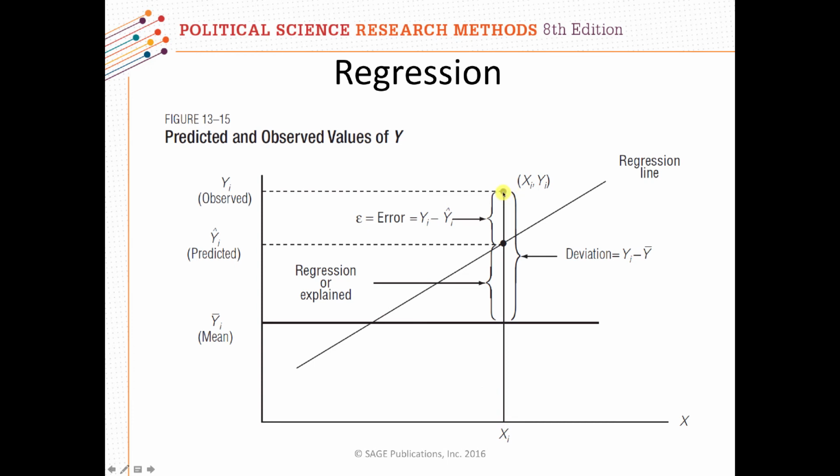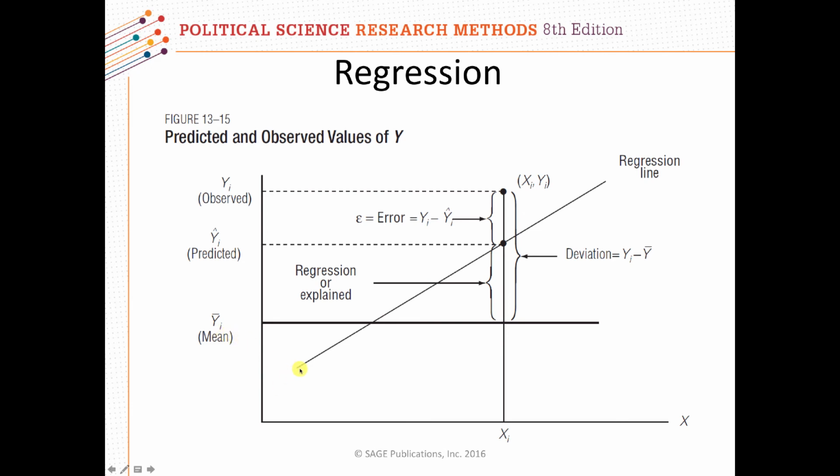Well, there are 50 other observations in this data set, perhaps, and they've all got various and sundry y and x observed values. From those, we can create a predicted y value. This is called y hat. Y hat is a predicted value, y sub i is the observed value, and y bar is the mean that we have.